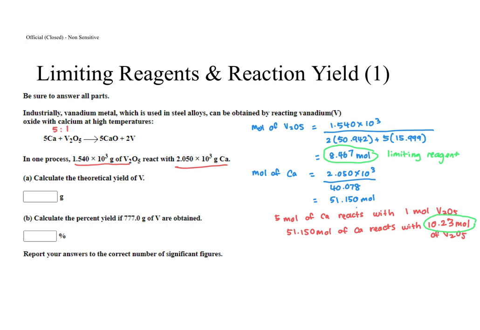So now we are interested to look at the mole ratio of vanadium oxide and vanadium. And so if we look at the reaction, we see that the mole ratio is actually 1:2. So if we calculate moles of vanadium, it will be 2 times the number of moles of vanadium oxide, which is the limiting reagent.